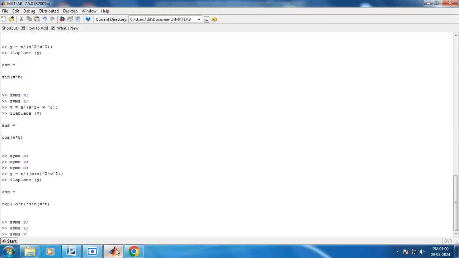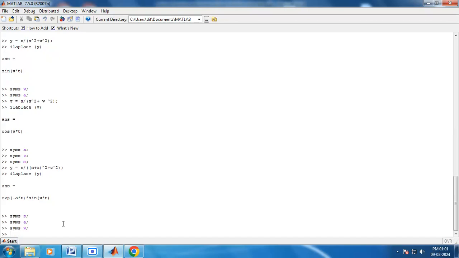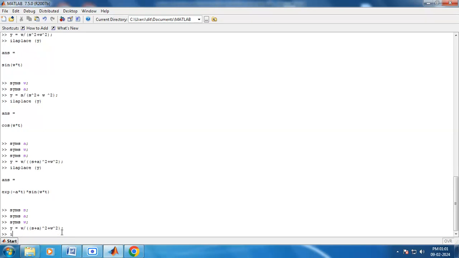The variables can be interchanged, so we can write any variable first, second or third. It hardly matters. Now define the function y equal to, and put the semicolon. Then inverse Laplace.